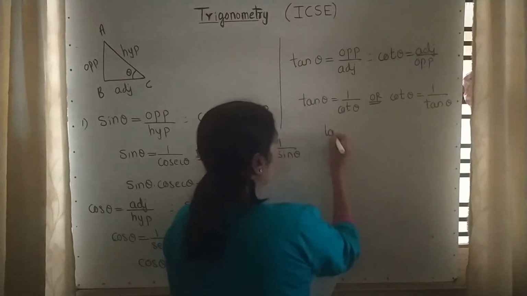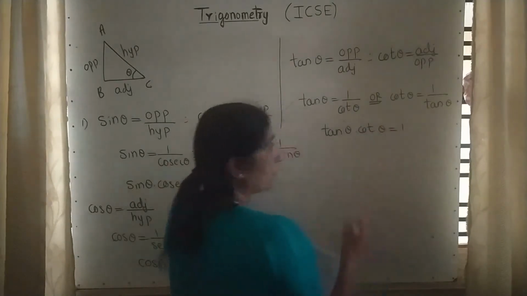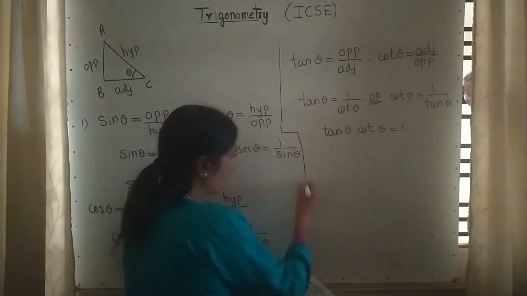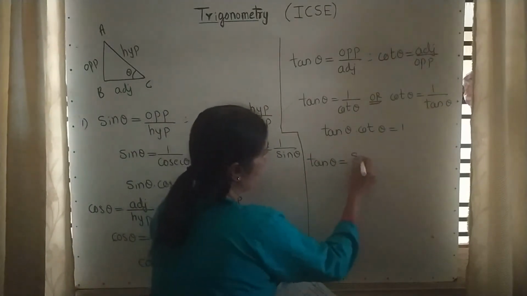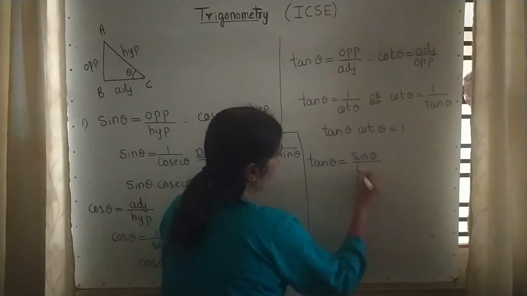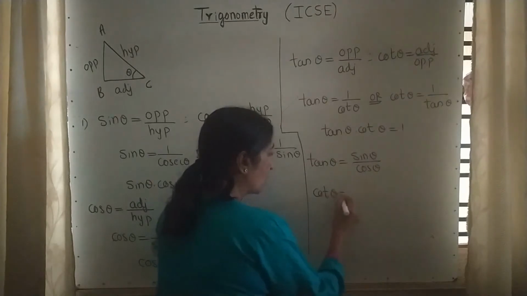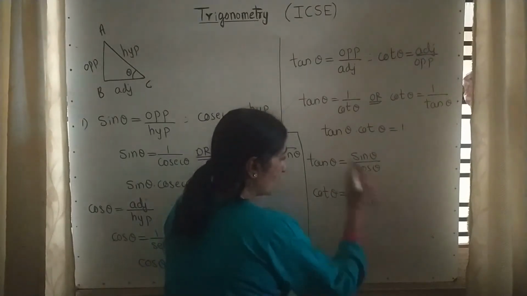And when you cross multiply you will get tan theta into cot theta is equal to 1. And are you familiar? Tan is also defined as sin theta upon cos theta, and cot is defined as cos theta upon sin theta.